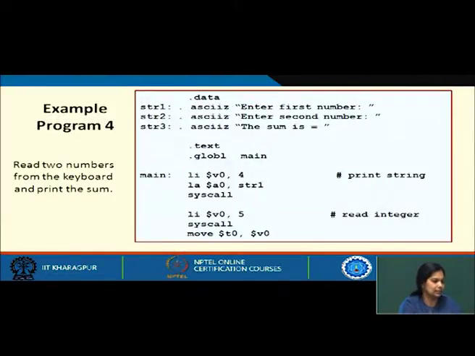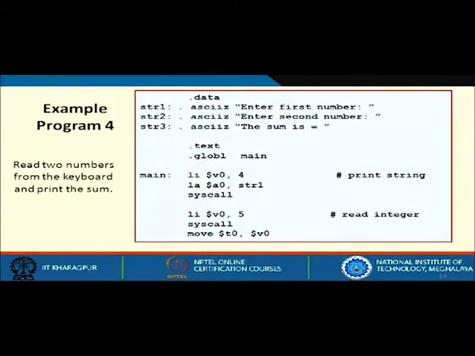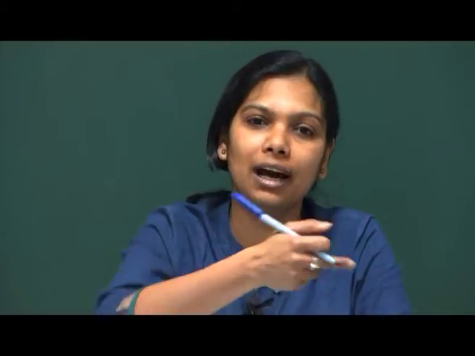Now, let us see a program, because we have seen not only one system call. For displaying an integer on the screen, displaying a string on the screen, loading an integer and loading a string from the keyboard, we have so many parameters that we need to load in V0 and the required parameter in the argument, that is A0, and then we have to do syscall.